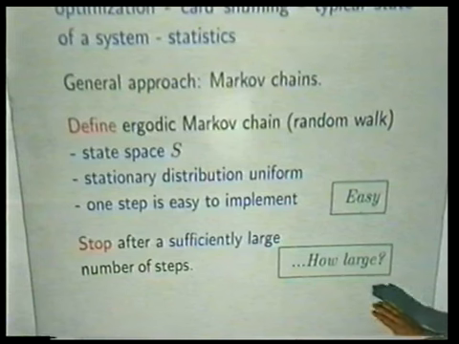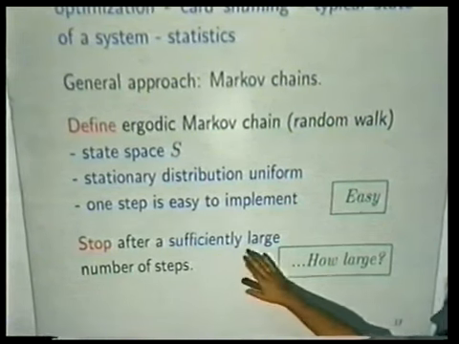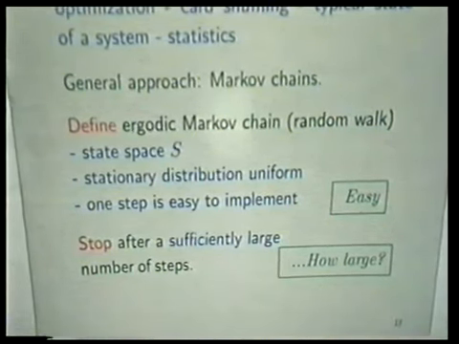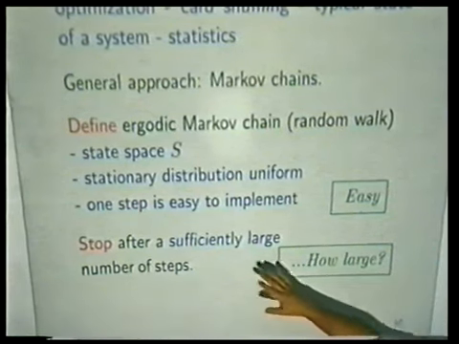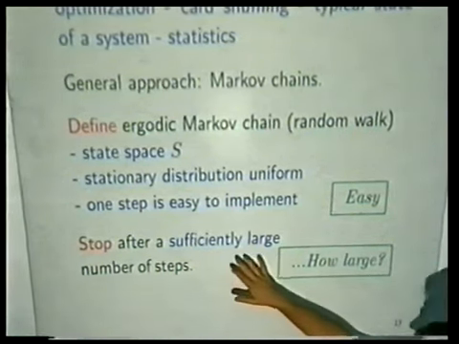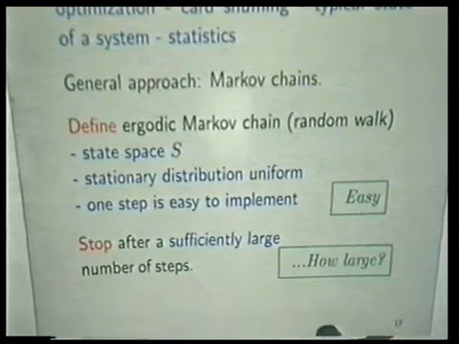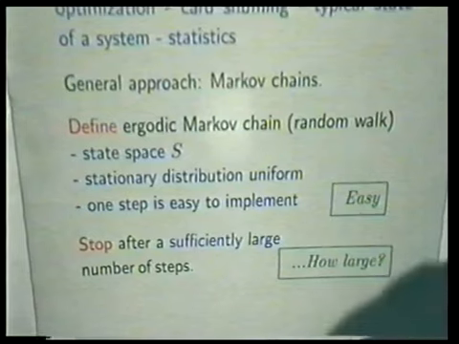So the point is that you would like to know how large sufficiently large is, and that's, of course, necessary because you have to tell the algorithm when to stop, and that's a very difficult question in general, and has a lot to do with the Laplacian.